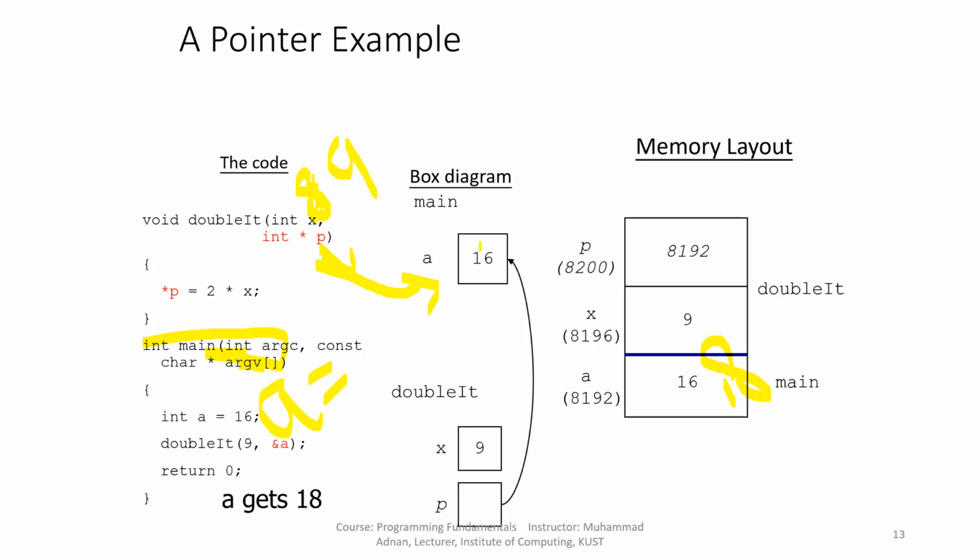After multiplication a gets 18. This is before the multiplication operation, but after multiplication a gets the value of 18. Because here we pass the address, p is pointing to the memory location where a has stored the value which is 16. So p has the address of variable a.